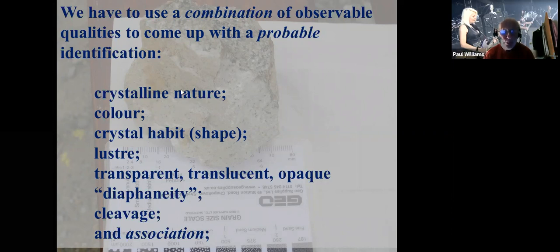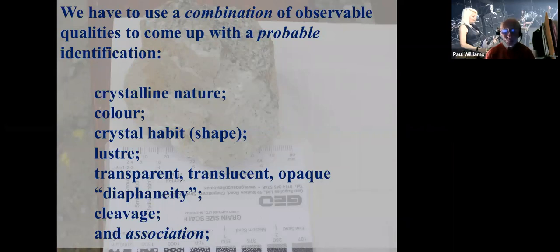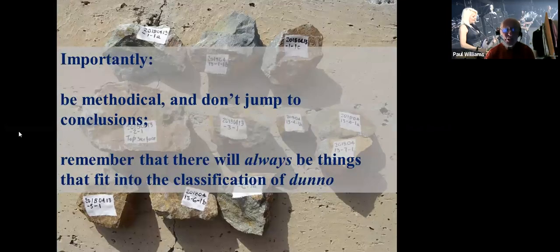And as I say, I keep on trying to hammer home this message about being methodical, going through all these properties, almost like a checklist, and coming up with your identification. Right, let's carry on. As it says there, don't jump to conclusions, be methodical.